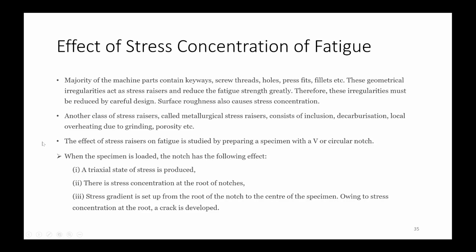Now, the effect of stress raisers on fatigue is studied by preparing a specimen with a V or circular notch. When the specimen is loaded, the notch has the following effects. The notch produces a triaxial state of stress, and there is a stress concentration at the root of the notch, and a stress gradient is set up from the root of the notch to the center of the specimen.